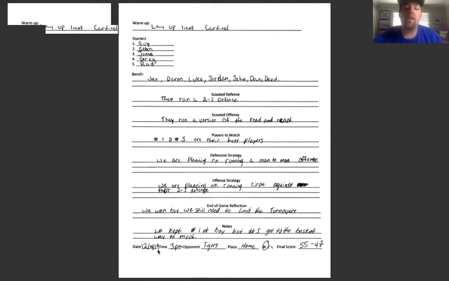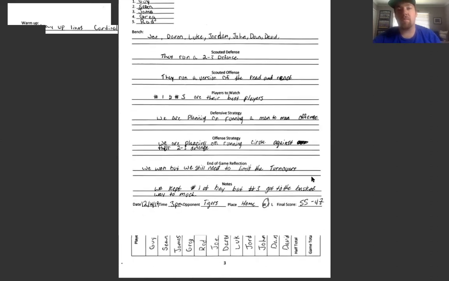So that's kind of what I put. And then you'll write the date right here, the time that you had your game, the team, and if you were home or away, or a setting. And then you write if you won or lost, and then the score right here. So very simple right there.